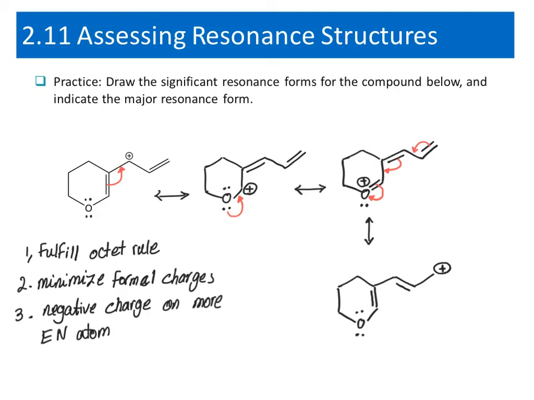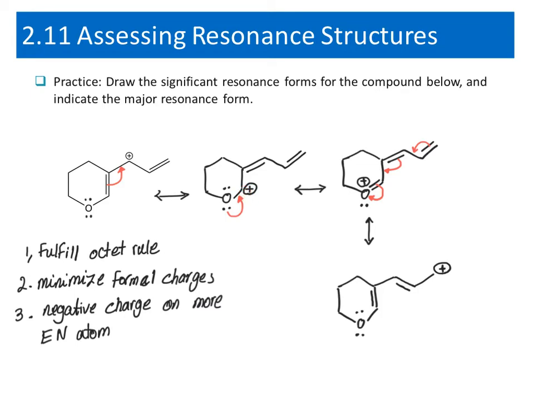The first one, fulfill the octet rule. So anything that doesn't fulfill the octet cannot be the major contributor. So let's check all the structures here. In this one, I can recognize the carbocation, and I know carbocation does not fulfill the octet. So that cannot be a good structure. Second one, I can also recognize the carbocation here.